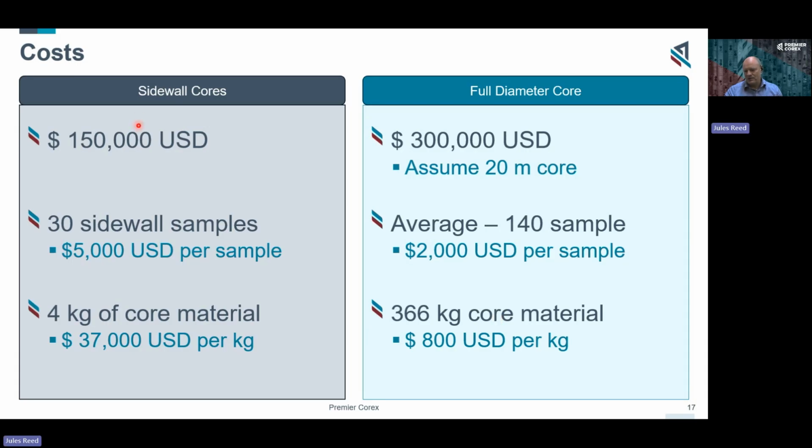Whereas the sidewall cores are generally going to be one use, because quite often a number of tests to be performed on them could be destructive. Those tests have to be left to the end of testing, but then you've destroyed the sample, and you don't have that sample remaining, and you've got a limited number of samples for testing.